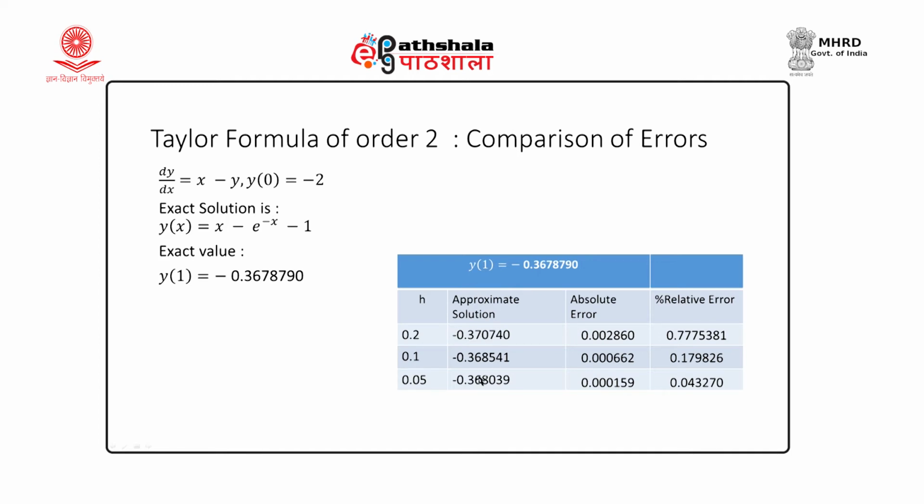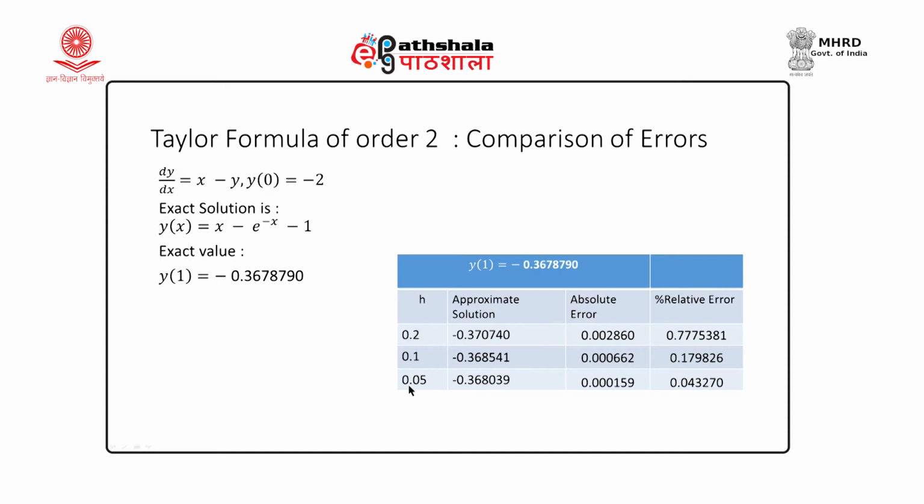These are the values which we obtained at x equal to 1. Exact is 0.36788790. Using step size 0.2, we got minus 0.370740. Using step size 0.1, 0.368541, and with 0.05, we got 0.368039, an error of only 0.000159.